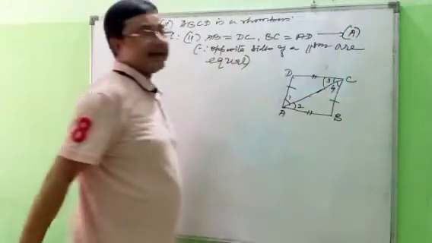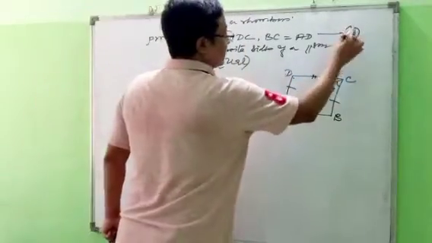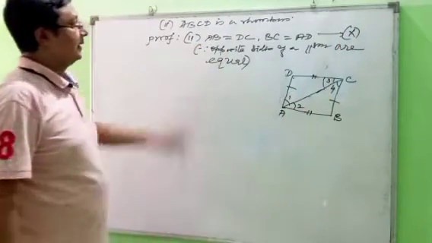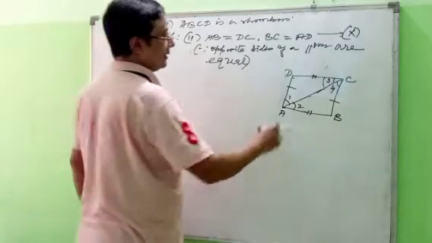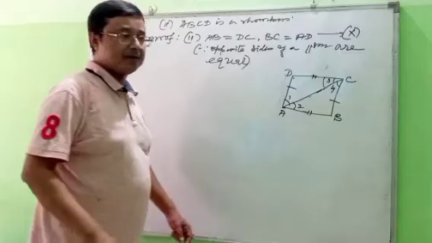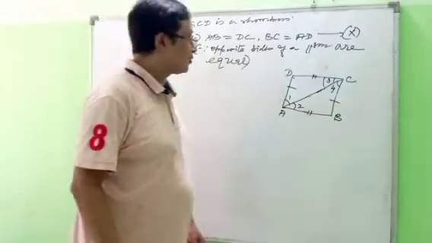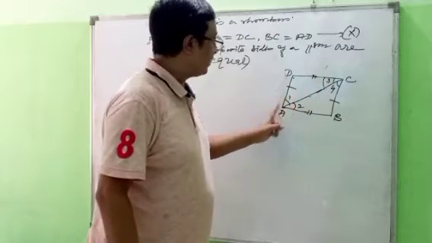You can give it as A x y also. Now let us give it as x because there is A. Now next, you have seen that this is a parallelogram, and from the property of the parallelogram, you know that opposite angles of a parallelogram are equal.